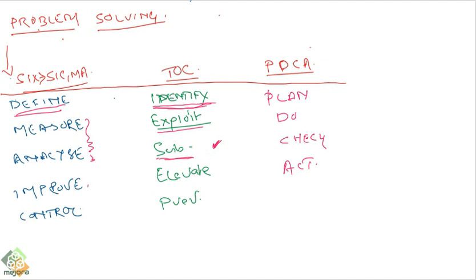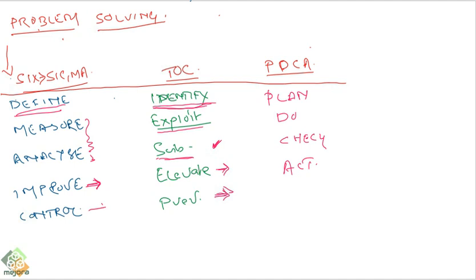Then here improve is how you improve that input which is not currently efficient enough to give you the right results, and here we call it elevate. So we elevate the constraint here, right? Then prevention of inertia, I won't talk much on this now. This is a little complex once you move ahead, but it is the prevention of the inertia of getting that constraint again, right?